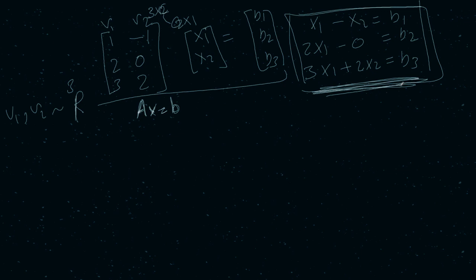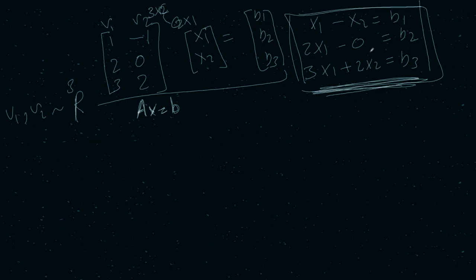Now, the interesting thing is that the same equation can be represented in a completely different way. Here we have x1, x1, x1, and here we have x2, and of course 0 times x2.